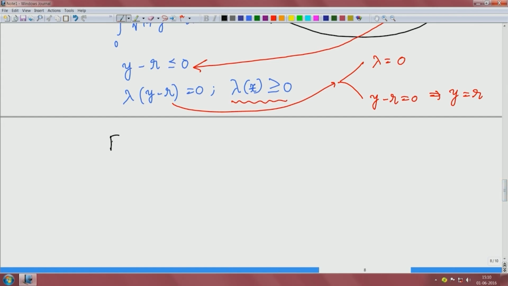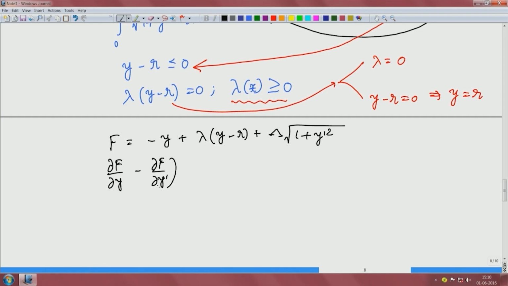Now, what I want to write is ∂f/∂y minus d/dx of ∂f/∂y' equal to 0.